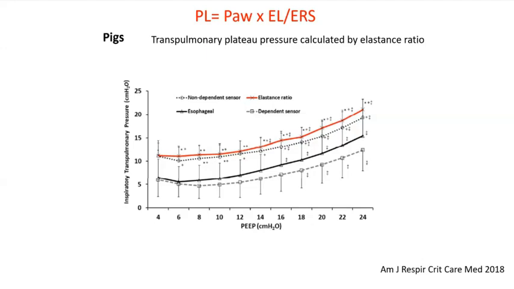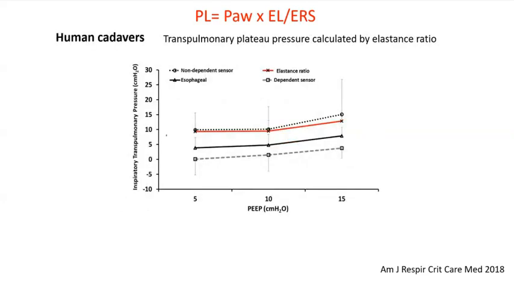And we know we don't want to go above 24, 25. So this seems to be a valid calculation in pigs and also in humans. So not saying it's perfect, but I think it's probably a very reasonable approach to limit the end expiratory pressure and inspiratory pressure during mechanical ventilation.